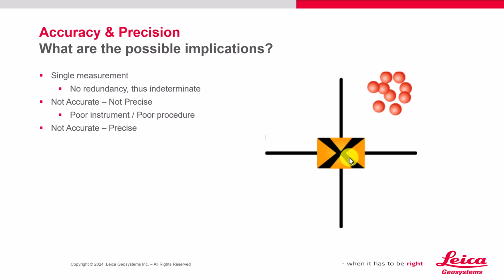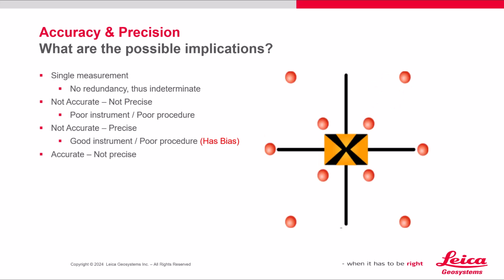Not accurate but precise, it's an interesting situation because they're close together, but they have a bias between there and the target. Means a good instrument, poor procedure, has bias. Accurate and not precise. This is what I call the you get lucky scenario.